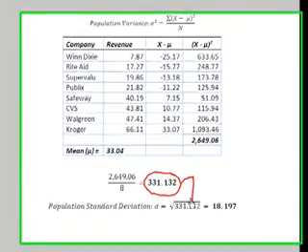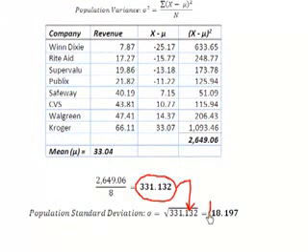Right here, that tells me the population standard deviation is 18.197, which I would round at this point to 18.20 or 18.2. It's all there is to calculating a population variance and standard deviation.